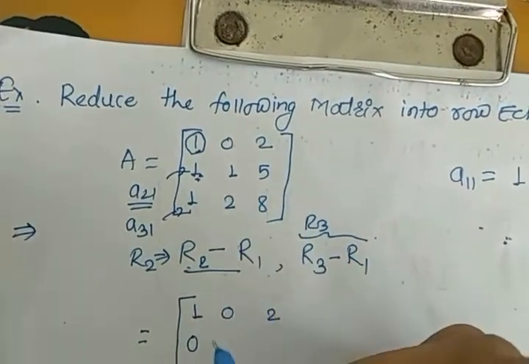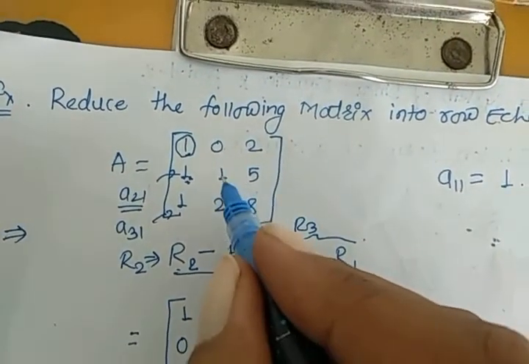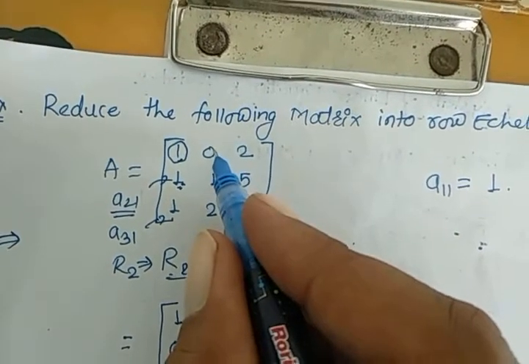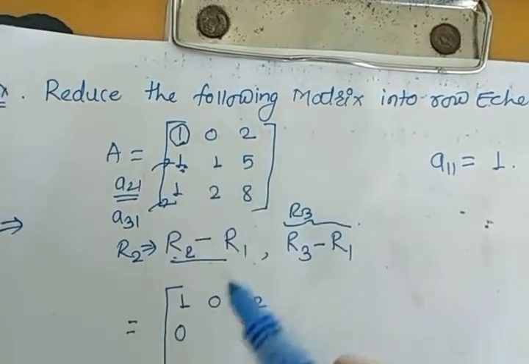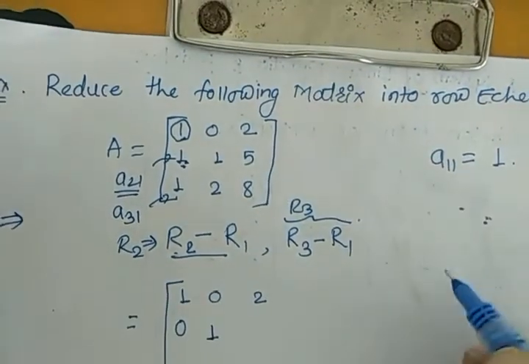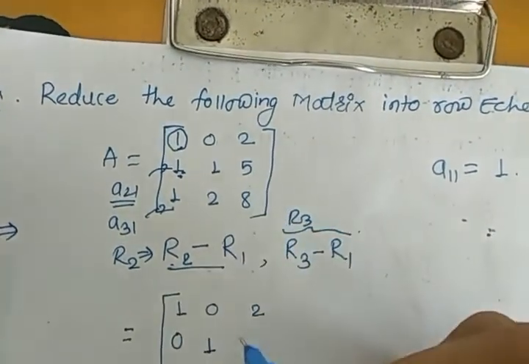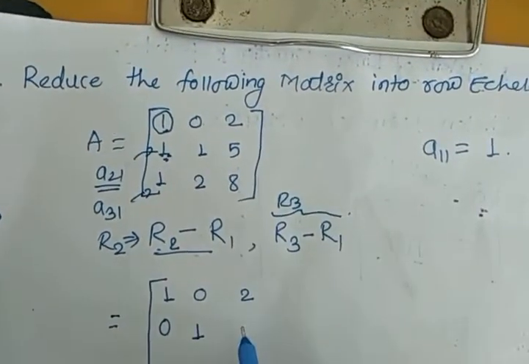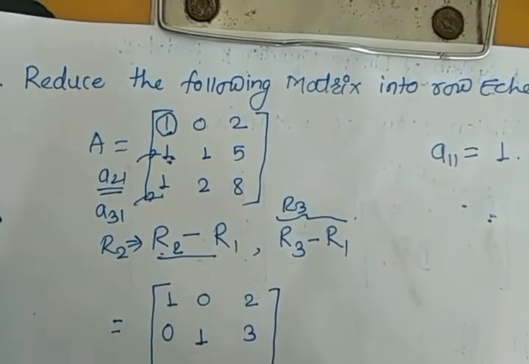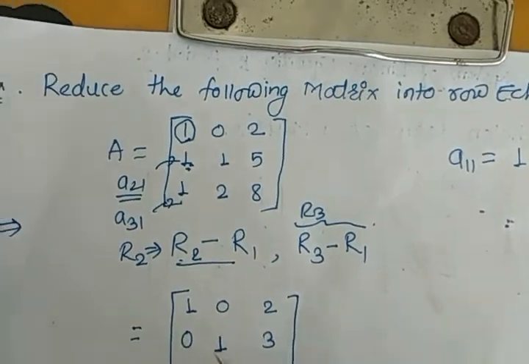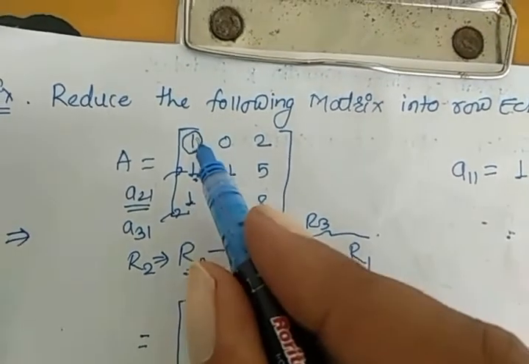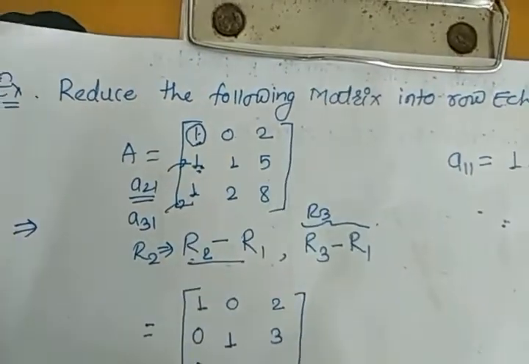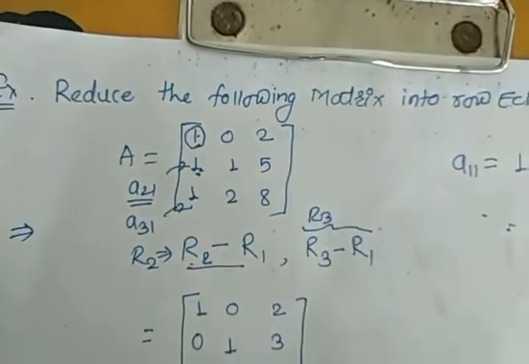Next, for the A22 position, its value is 1 and the value above is 0, so 1 minus 0 is 1. Again, the third position of the second row is 5 minus 2, which is 3. Similarly for the third row, 1 minus 1 is 0, 2 minus 0 is 2, 8 minus 2 is 6.